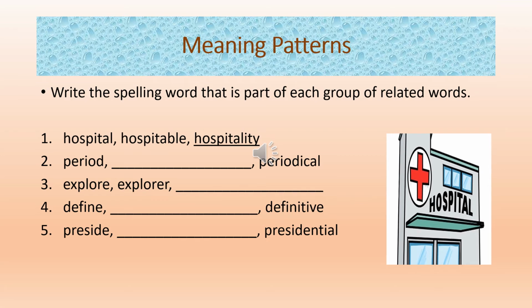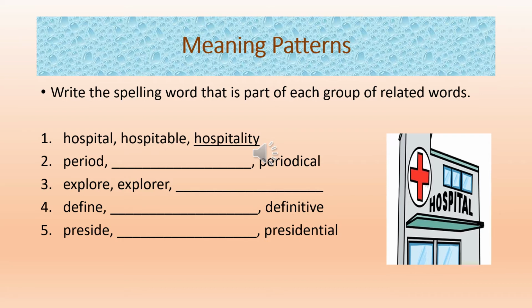When we talk about meaning patterns, we are talking about a series of words that are related or sequencing. So let's read the instruction, okay? Write the spelling word that is a part of each group of related words.